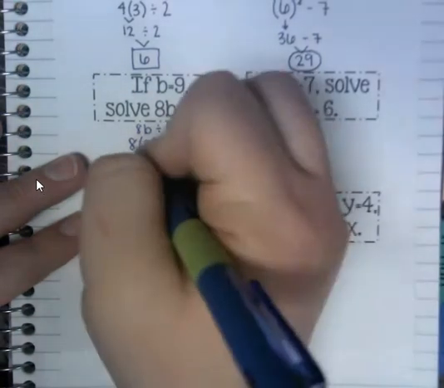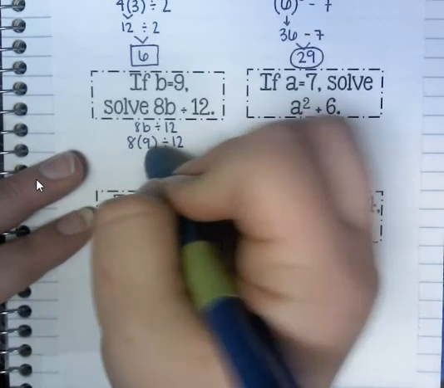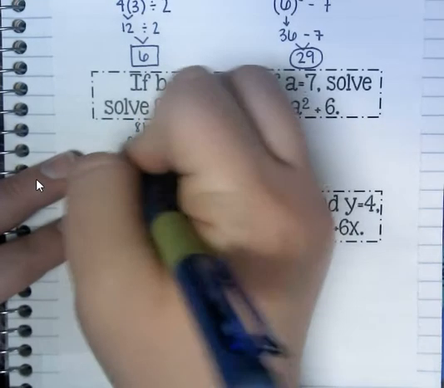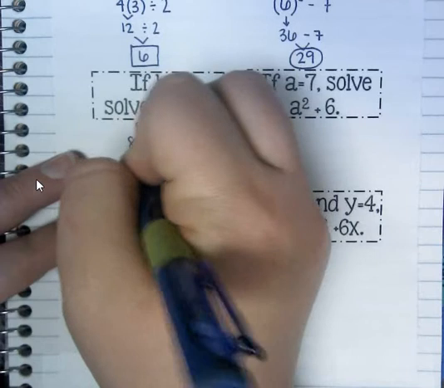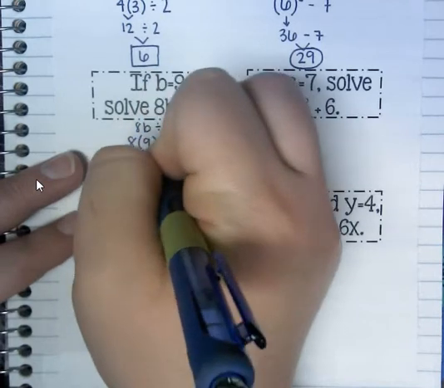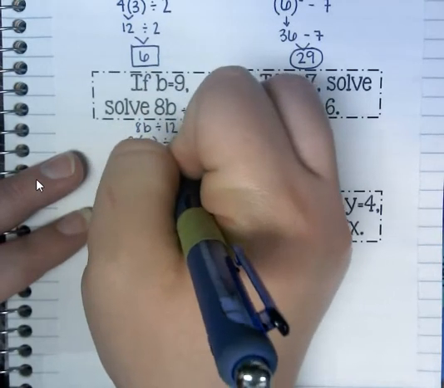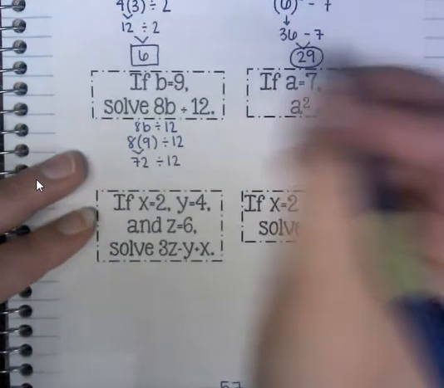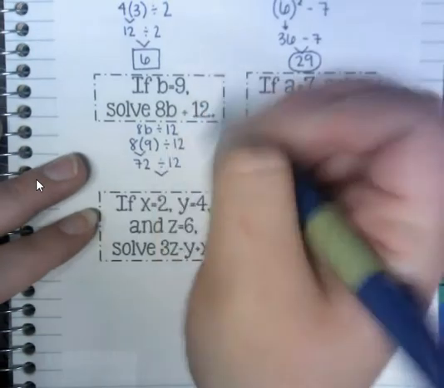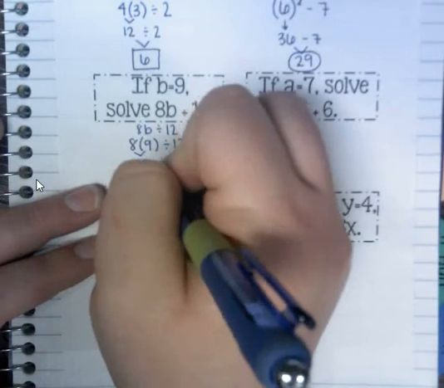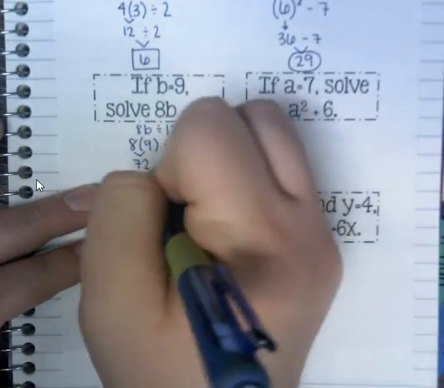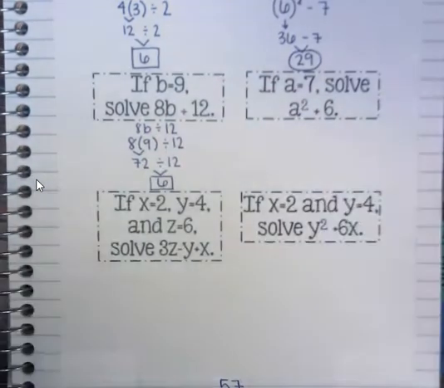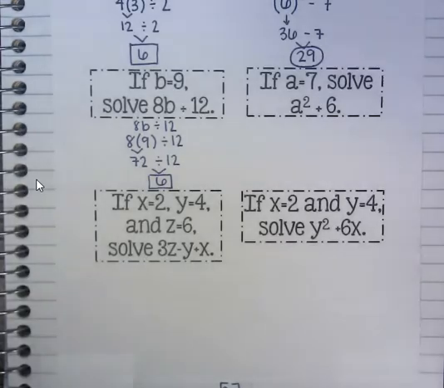I'm going to start with my multiplication. 8 times 9 is 72. 72 divided by 12 is 6. I know we are getting crammed for space. Try to write neatly and try to write small.